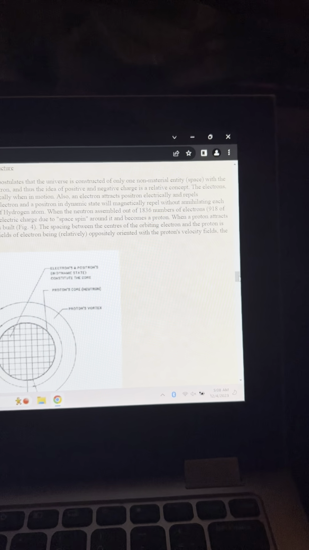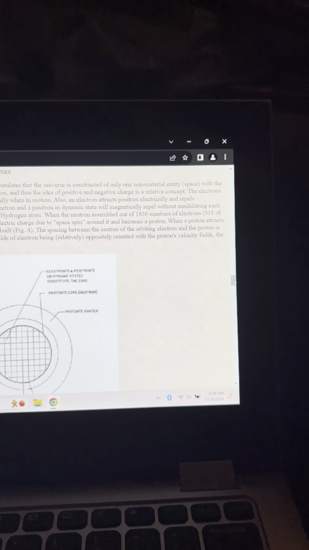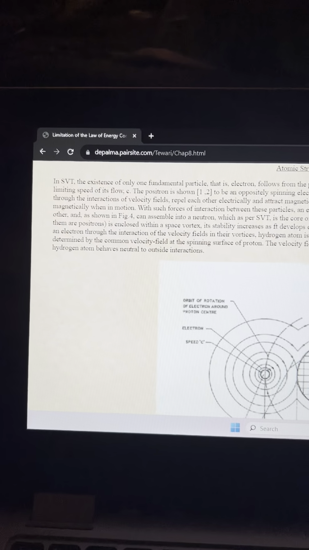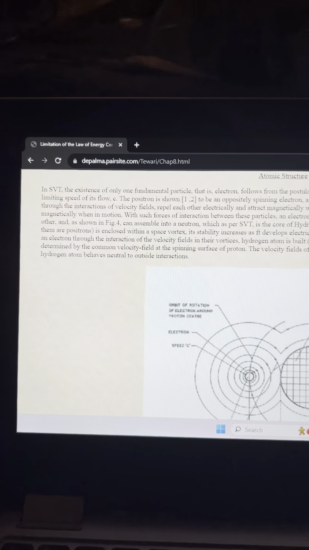When the neutron, assembled out of 1836 electrons, 918 of them positrons, is enclosed within a space vortex, its stability increases as it develops electric charge due to space spin around it and becomes a proton. When a proton attracts an electron through the interaction of the velocity fields in their vortices, a hydrogen atom is built, figure 4.